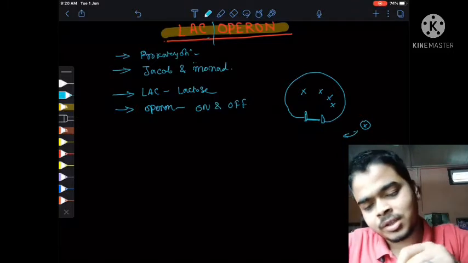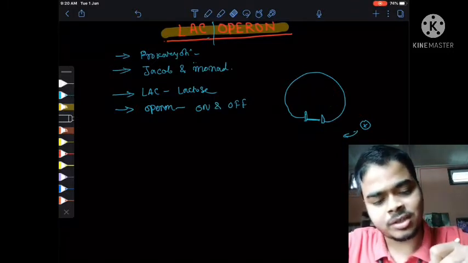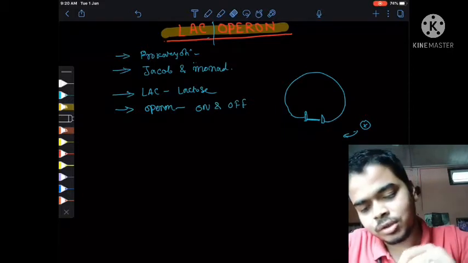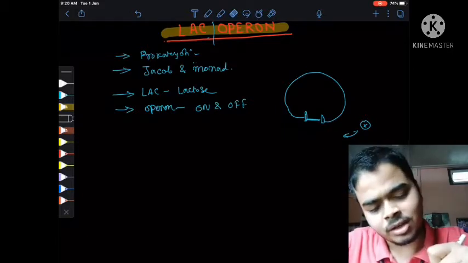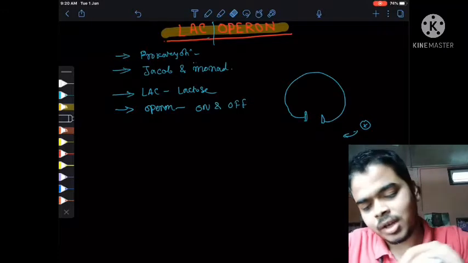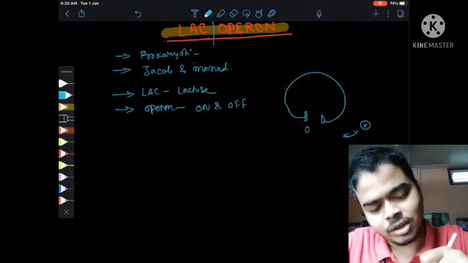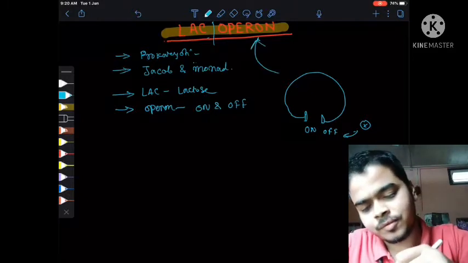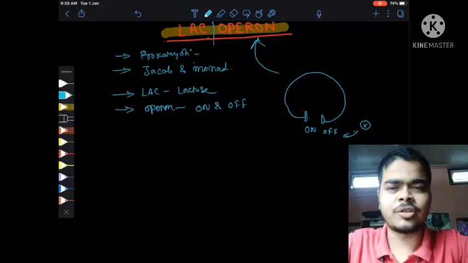And if the substance X is absent inside the cell, then the substance should be imported from outside. So at that time the gate should be open, and the system which makes the gate on and off, that means open and closed, is called operon. It is actually an on and off switch.